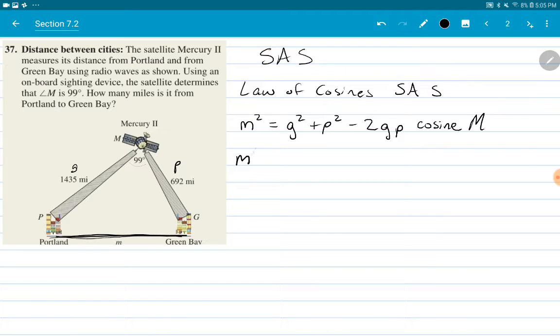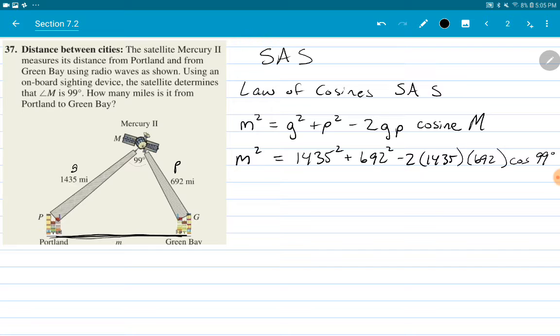So we get m squared equals 1435 squared plus 692 squared minus 2 times 1435 times 692 times cosine of 99 degrees.